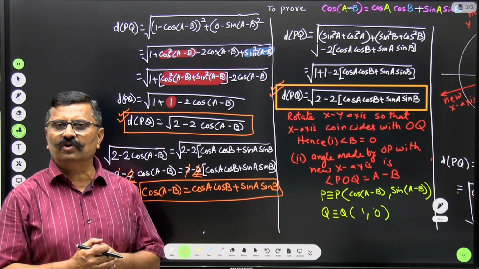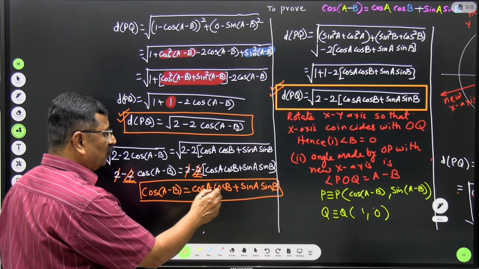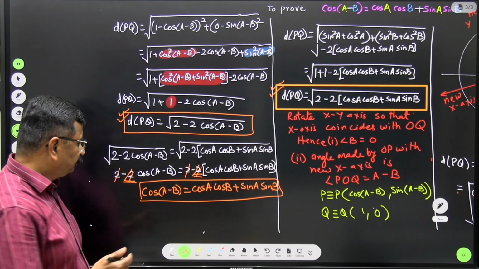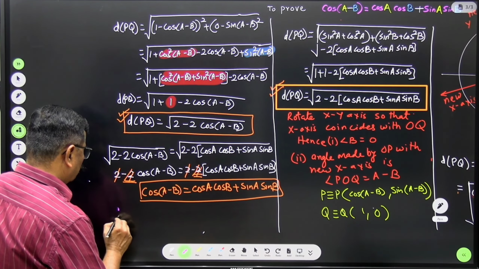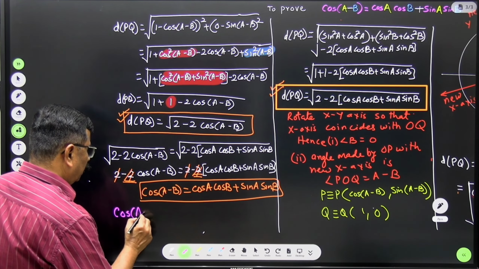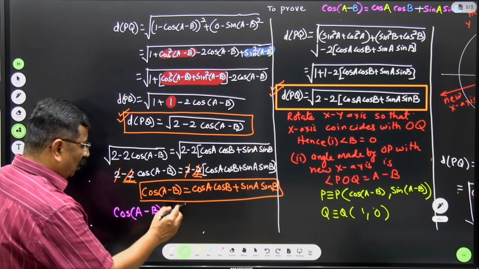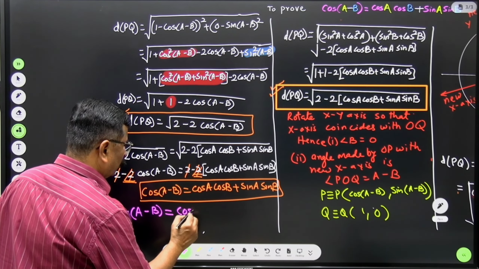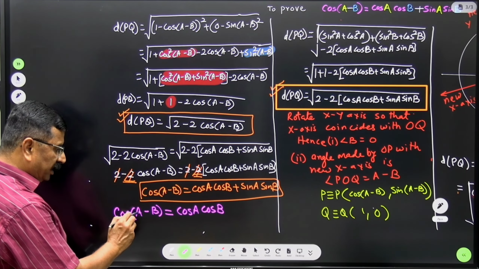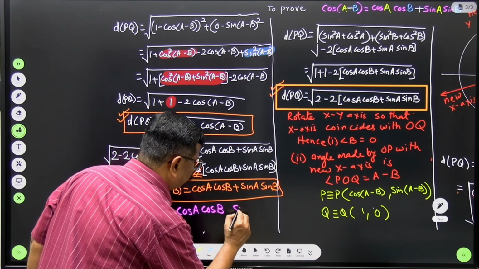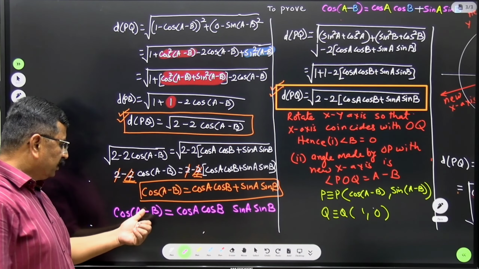Now how will you remember this cos(A minus B)? I will repeat this. Cos(A minus B) is cos A cos B plus sin A sin B. So I will write this formula again. This is cos(A minus B) is equal to cos A cos B, then write sin A sin B. Now what sign do we have here?